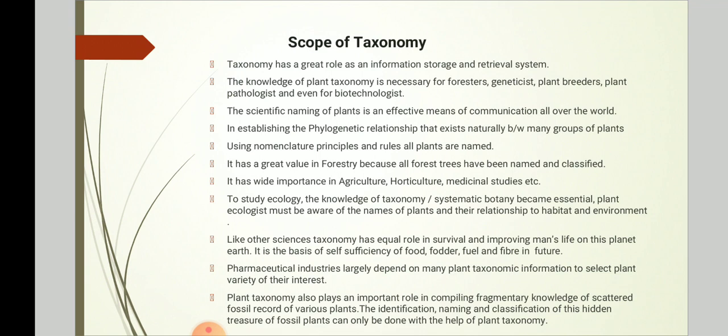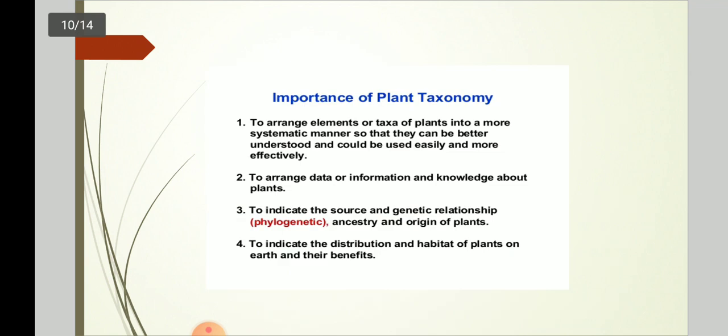The identification, naming and classification of this hidden treasure of fossil plants can only be done with the help of plant taxonomy. Importance of plant taxonomy: to arrange elements or taxa of plants into a more systematic manner so that they can be better understood and used easily and more effectively.